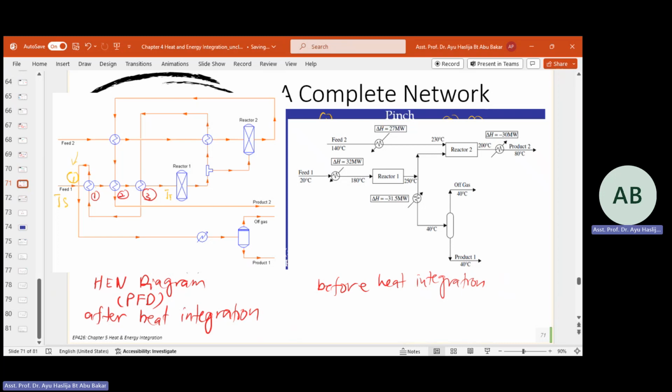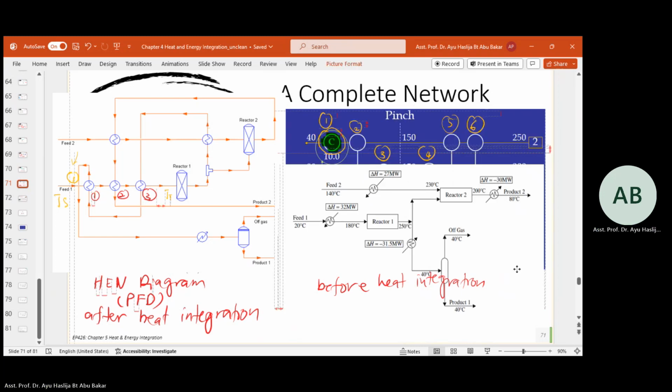The sequence. The minimum just now we had did. Minimum heat exchanger. The above pinch, below pinch. That is the amount of heat exchanger. The sequence, you mean this one, 1, 2, 3. How to arrange, based on the network just now?